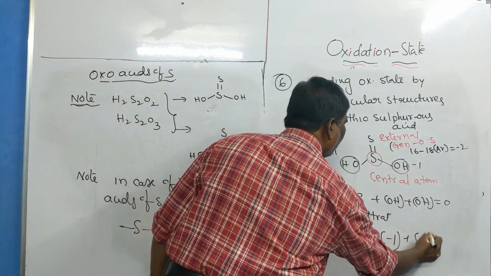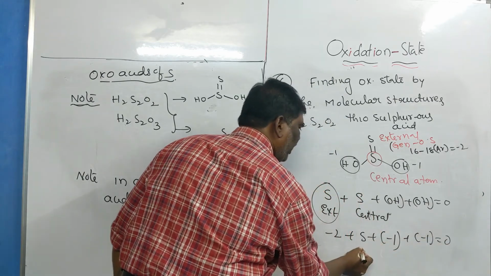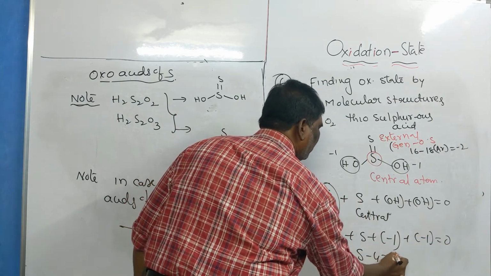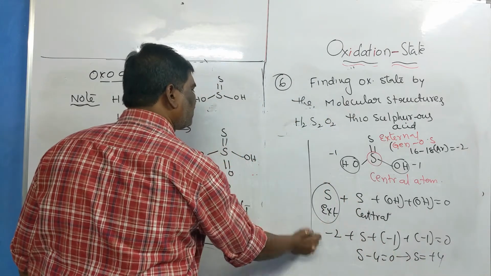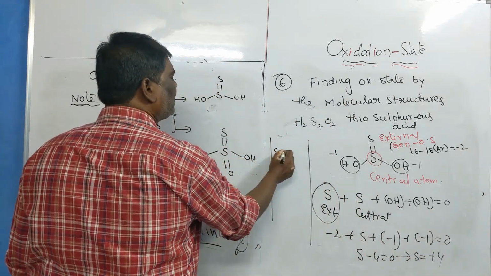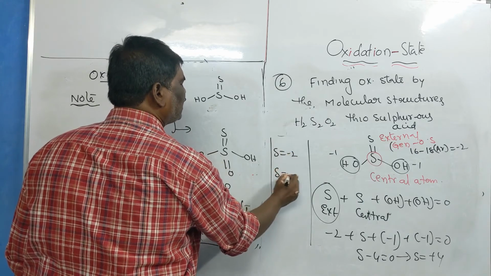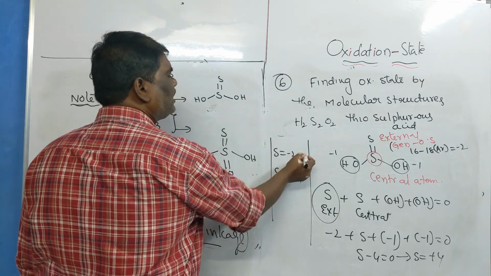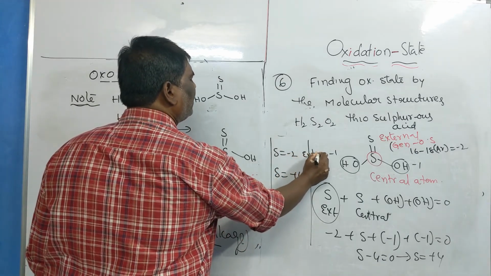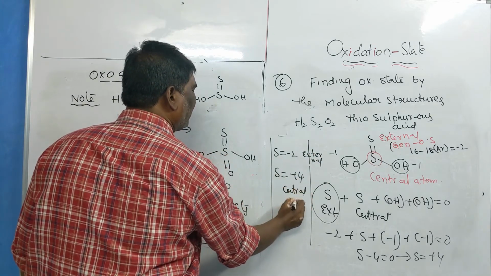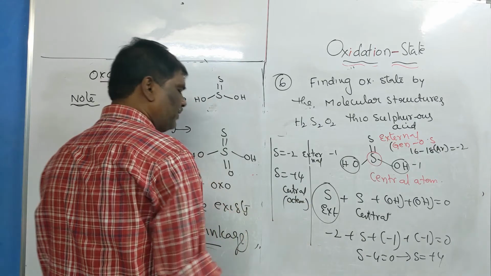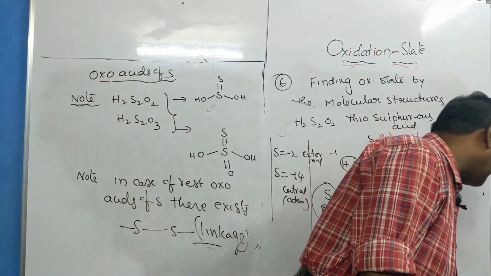So we are getting S -4 equal to 0. Yes, we are getting +4. So what are the oxidation states possible here? One sulfur is -2, another sulfur is +4. So this is the external sulfur, whereas this is the central atom. Thus the oxidation states are calculated.